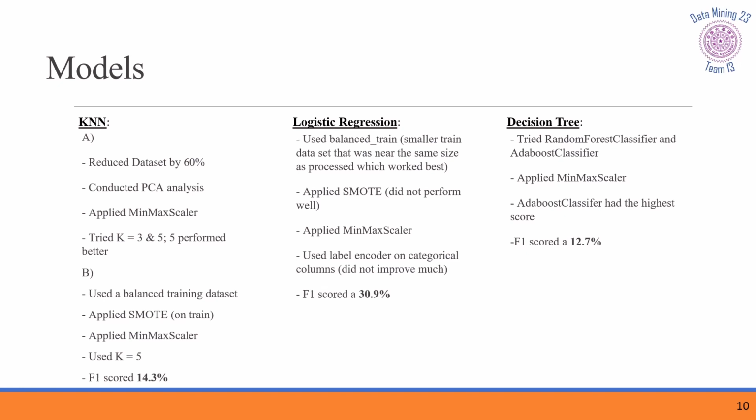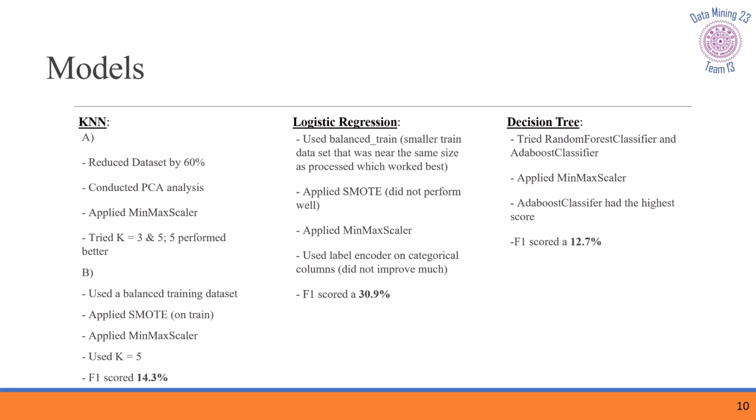With logistic regression, we used a balanced training data set, and we found out that similar size training and public data set resulted in better test score. We applied SMOTE, but it didn't improve performance that much, and we applied min-max scaler.